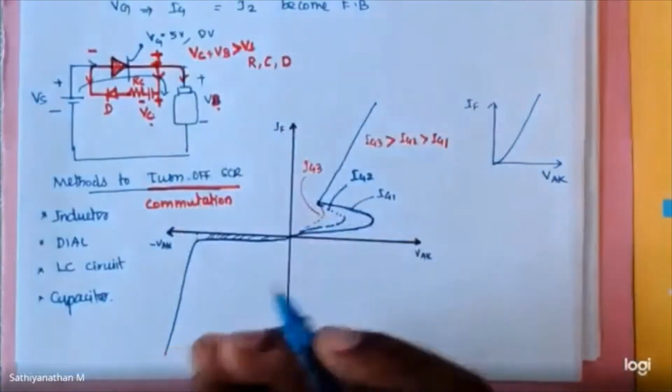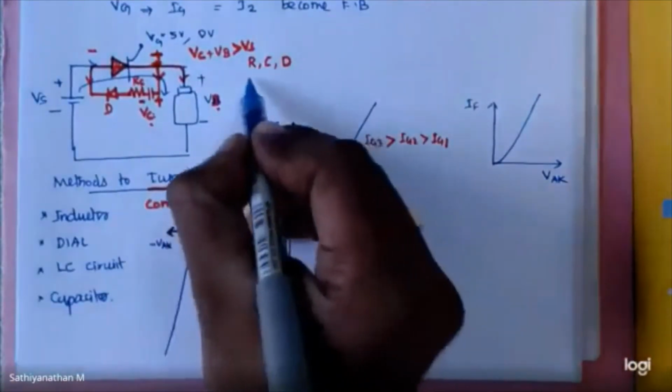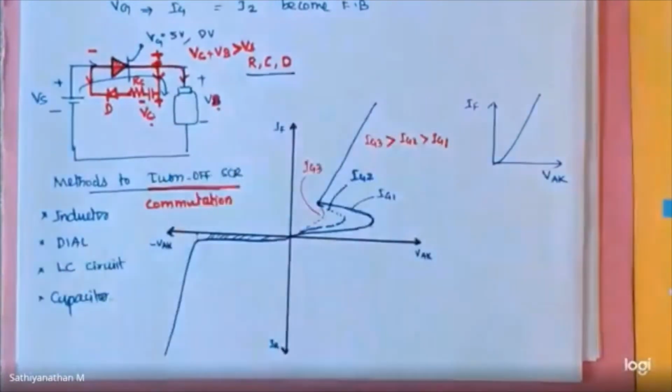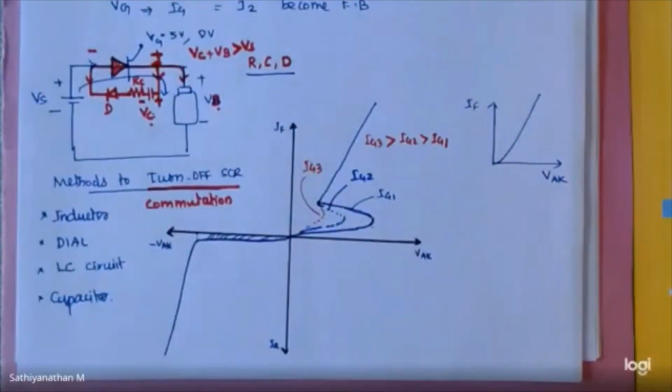For that forced commutation process, you need support from different active and passive devices like R, C, and D. Are you clear? In most converter applications, we are going to use the SCR as a device. For power electronics based study, the SCR is a simple and most powerful device.